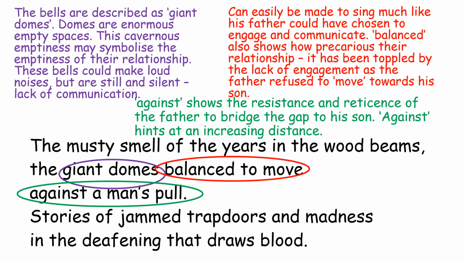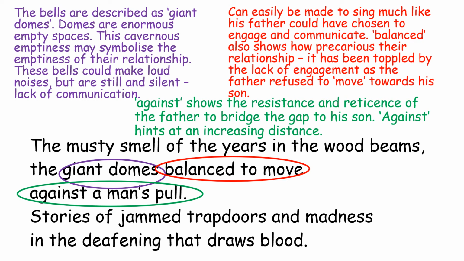The final part of the sentence, against a man's pull, we might look at the word against and show that there is a resistance and a reticence of the father to bridge the gap to his son. To pull the bell, to drag that rope down, would move something closer. If you have two men at the end of a rope and one is pulling incredibly hard, then the other person gets closer.